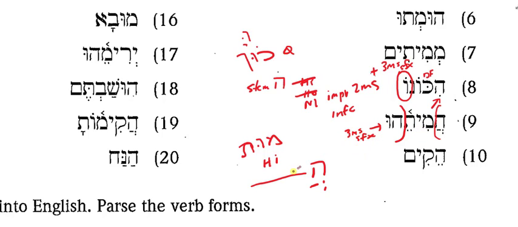Okay, now here's what we have to go back to. So this is a Hifil something, and there's no personal ending after the tav of the last root letter. So this is either 3ms or 2ms, depending on whether it's the Hifil perfect or the Hifil imperative. Okay, we've got some possibilities there. So let's jot that down.